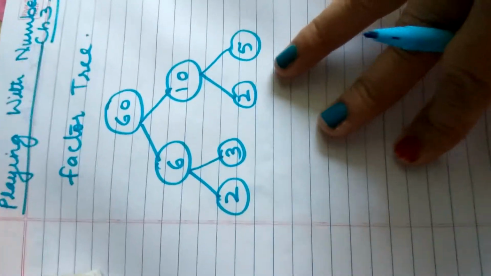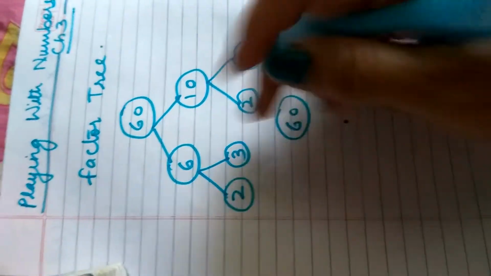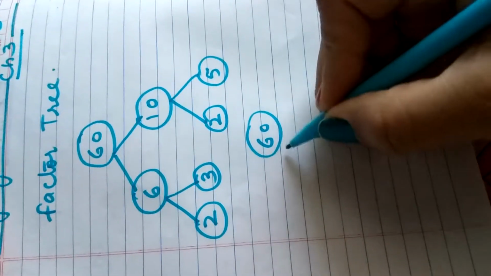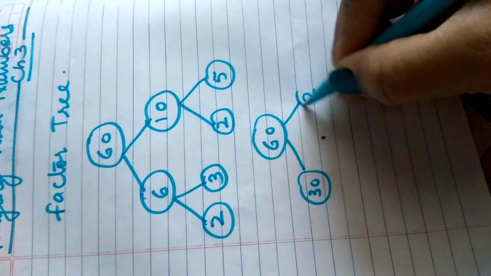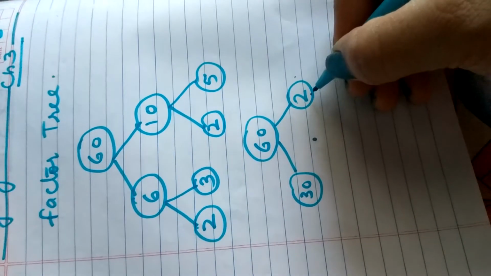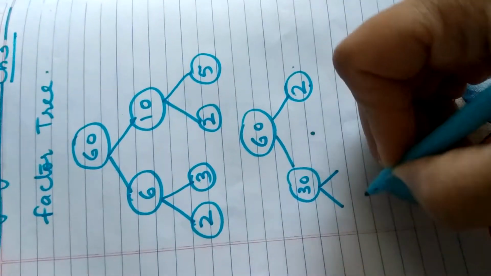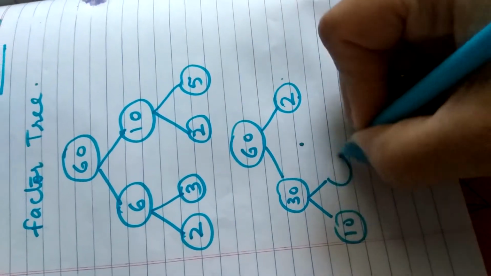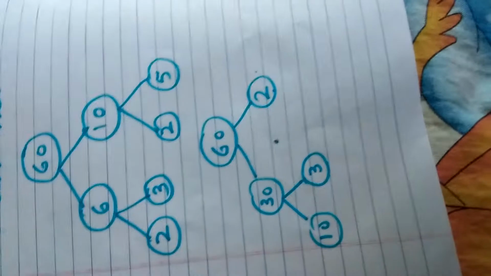Now I can factorize 60 in some other ways also. Like instead of taking 6 × 10, I can take it as 30 × 2 also. So on one side there will be 30 and on the other side it will be 2, because 30 × 2 is 60. Then here I cannot go further because 2 is prime. For 30 I can take 10, and I have to divide 30 by 10, so I get a 3 here.